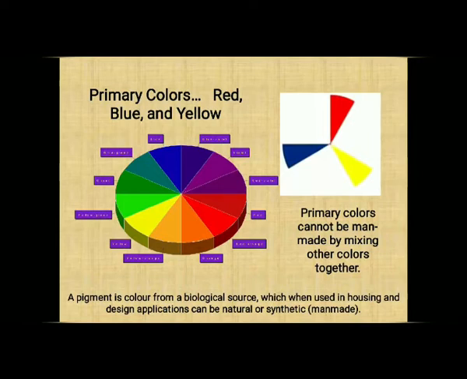These pigments are formed from biological sources. That's the reason they are called primary colors. Primary colors are not made by using any other colors. With primary colors you can make many different other colors.